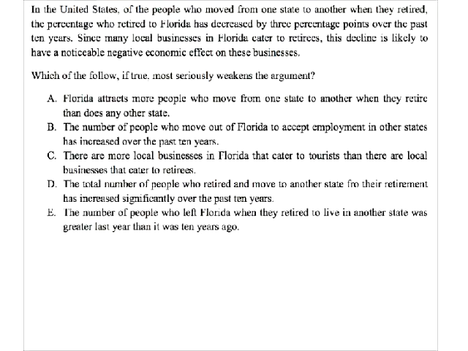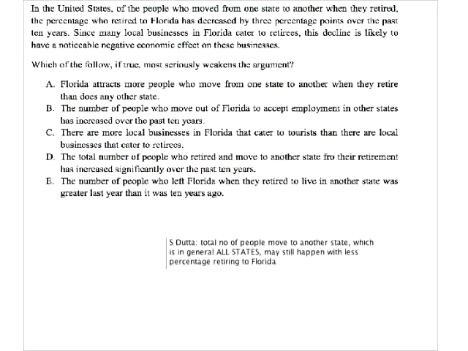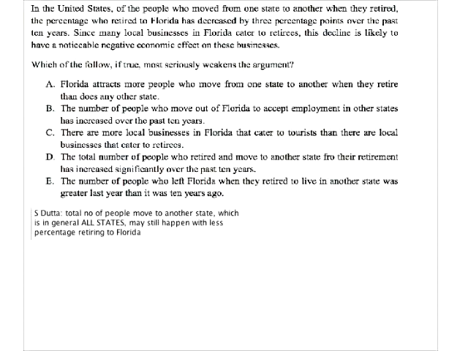There's a couple of comments that I don't really understand what people are saying, but I will try. I'm not sure what this means, total number of people may still happen. Maybe you could explain that a little bit more.